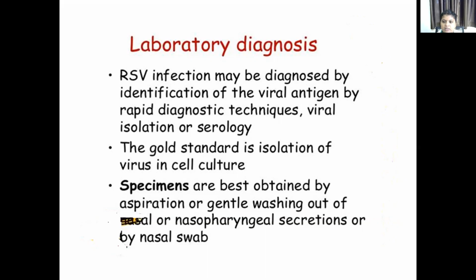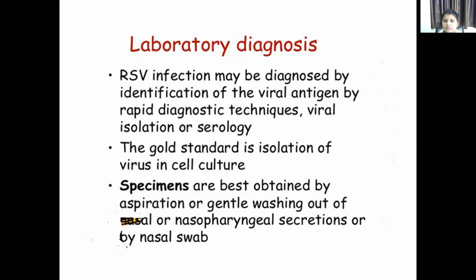These are some of the cell lines that can be used for the viral isolation of this RSV, but it takes a little more time. After inoculation of the nasal secretions on the cell lines, it takes about 10 days for growth.